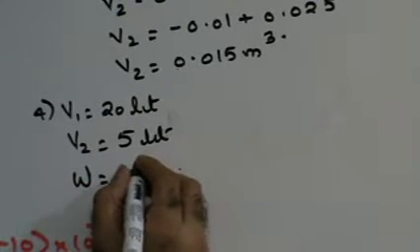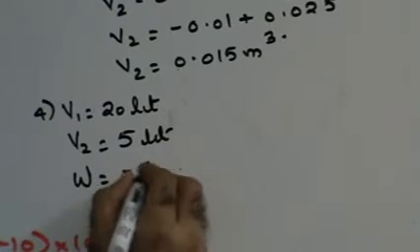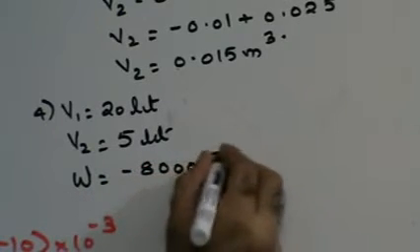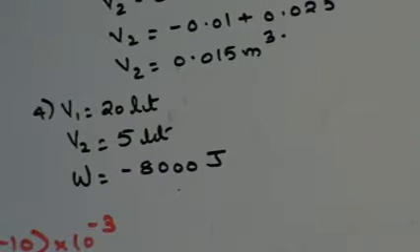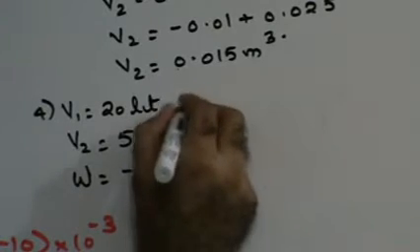The work done is minus 8000 joules. Calculate the external pressure required.